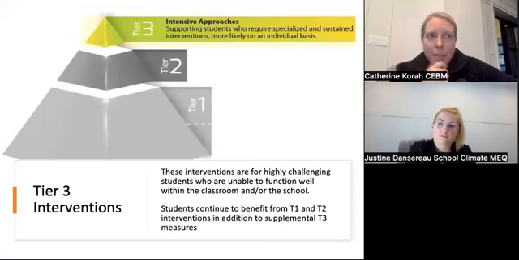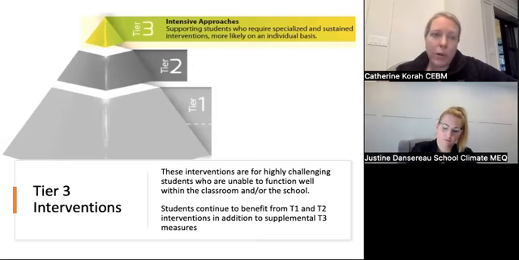As I presented more recently with a colleague of mine, Heather Scott from Aldi, we received a question about understanding how to know when a student is at a certain tier, and how to move forward from one tier to the next. So Justine and I thought it would be a good idea to collaborate. Today we're going to focus mainly on tier 3 interventions, but we will be answering some of those questions.